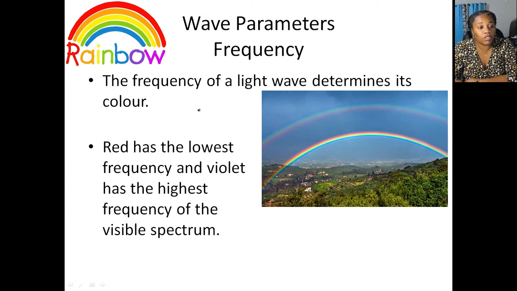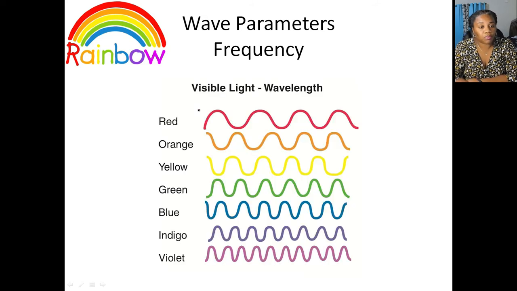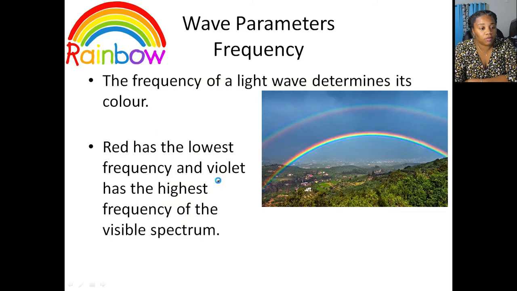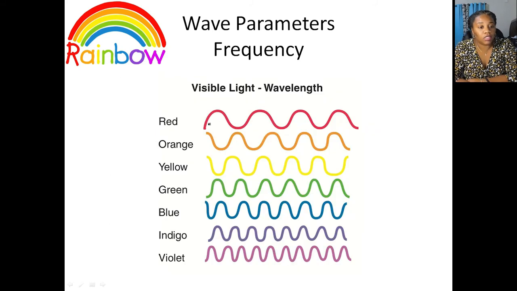So red has the lowest frequency and violet has the highest frequency of the visible spectrum. As you can see here, red is less frequent than violet, right? You see it, so in the same amount of time, you have fewer bumps produced as opposed to violet. So red has a lower frequency than violet.